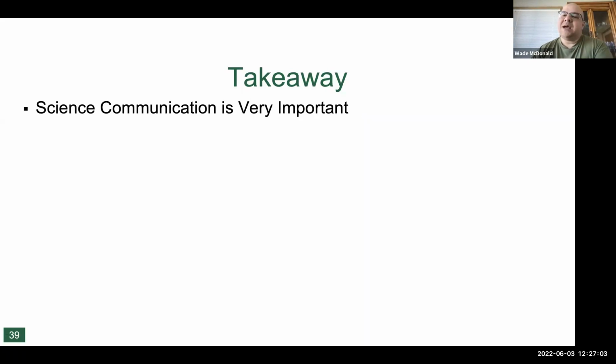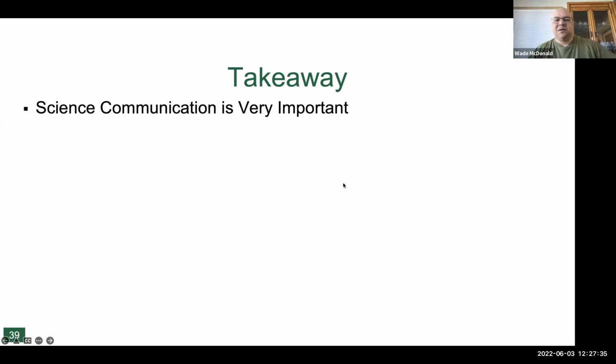My personal takeaway from this is that science communication is very important, and it's not something that I have studied academically or that I would consider myself to be strong in. But I think we had a problem communicating the results of the models to people in terms that those people, be they government or members of the public, could easily understand.